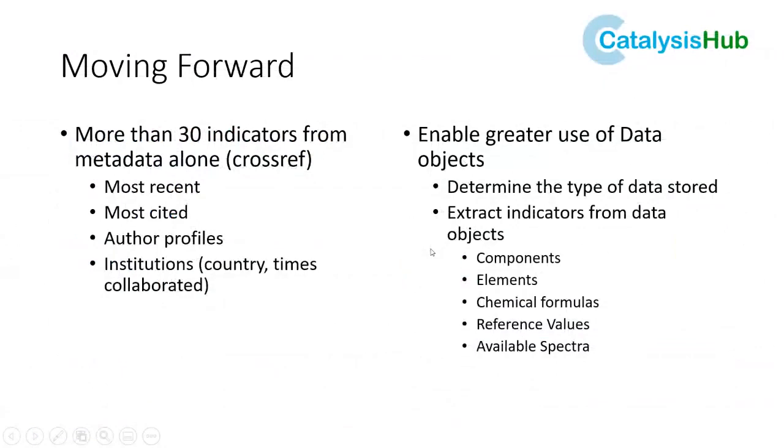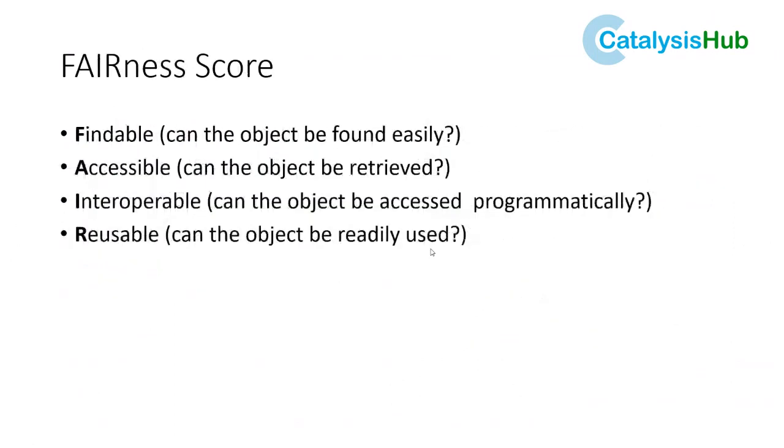And in the future, even enable greater use of data. So determine the type of data stored, not only the type of data file, but extracting information about which components are analyzed, which elements, the chemical formulas, and reference values, and available spectra, for instance.